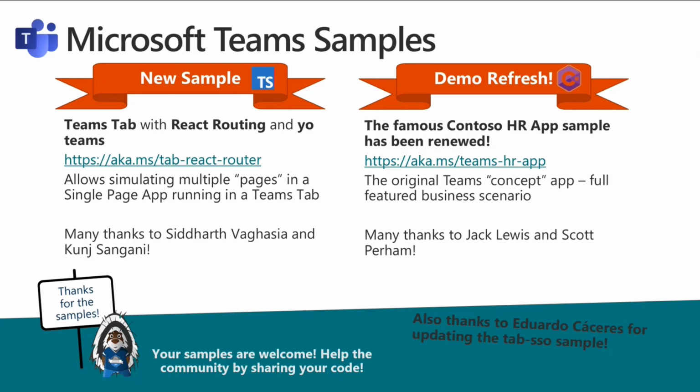And then the other announcement is actually coming from some of my colleagues inside of Microsoft, Jack Lewis and Scott Perham, who are partner architects in the UK, have rewritten the famous HR app. You may have seen this demo before. It's a recruiting app. It shows almost all the Teams extensibility features, and it's in the context of hiring, which I think every company does at some time or another.